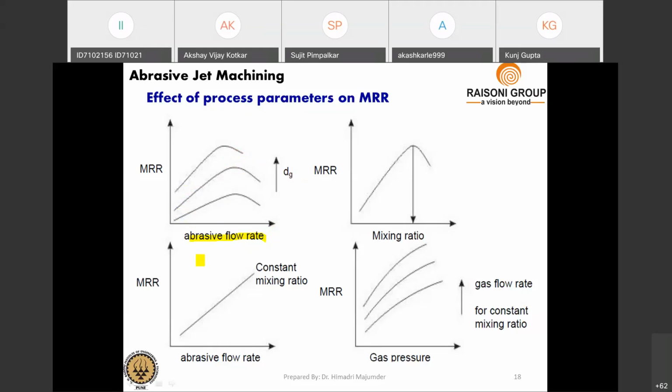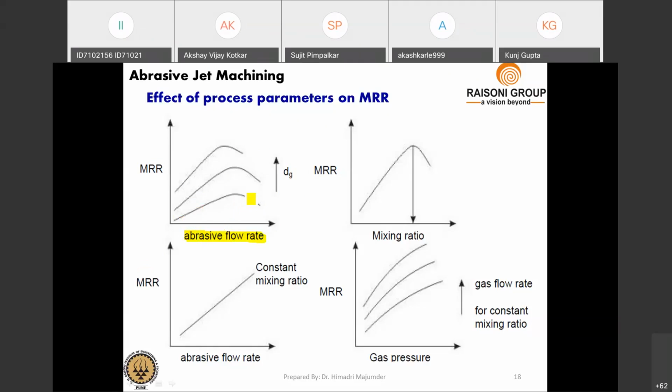If you increase the abrasive flow rate, then your abrasive jet velocity increases. Also, you are increasing the grit diameter. So what happens when this high velocity abrasive flow impinges on the workpiece? Gradually more material will get removed because you are increasing the abrasive jet velocity.